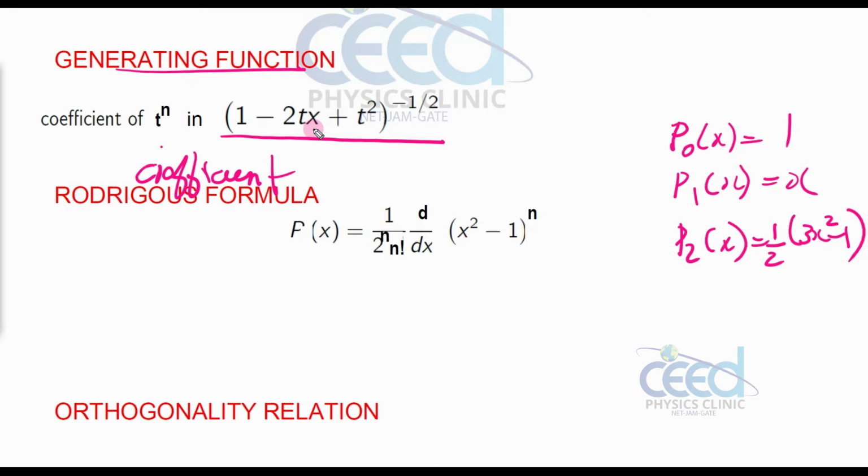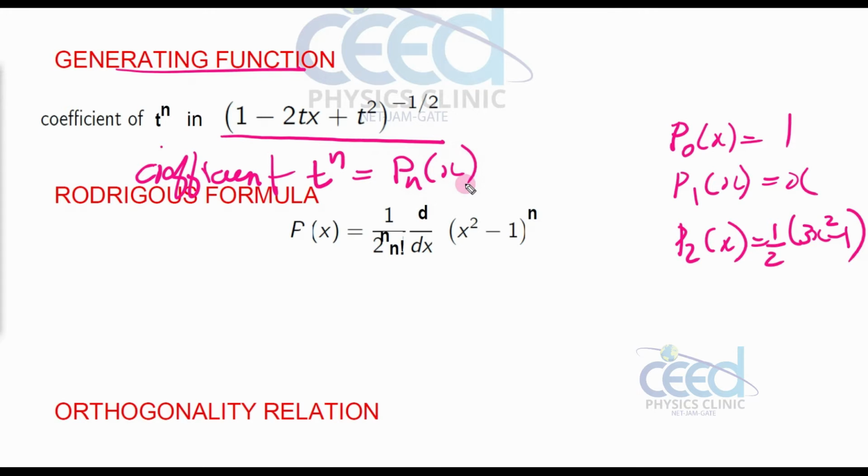Once you expand, you have an nth term, and in the nth term we have a t raised to n coefficient. So the coefficient of t raised to n, that you will get as Pn of x.